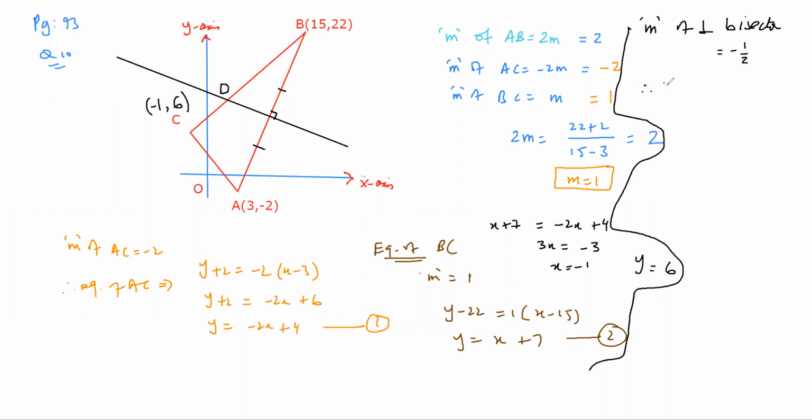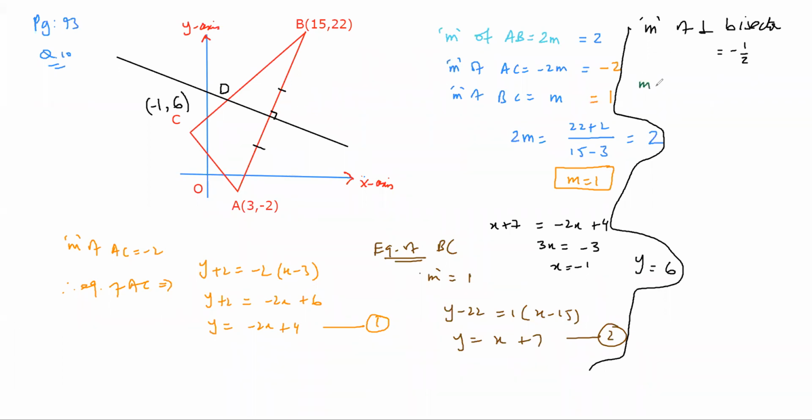Therefore, the equation is going to be y. Oh, I have to find the midpoint as well. Before I find the equation, I need to know the midpoint. Oh, yes. So I'm going to erase this for a minute. Obviously, without the midpoint, I can't write the equation.